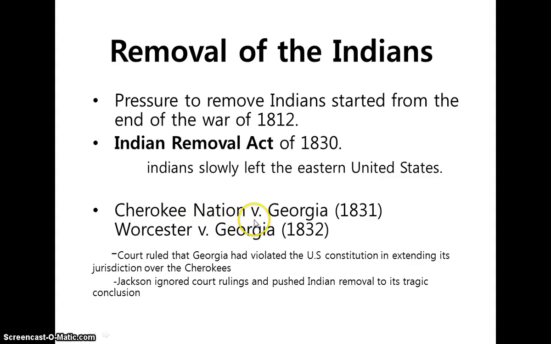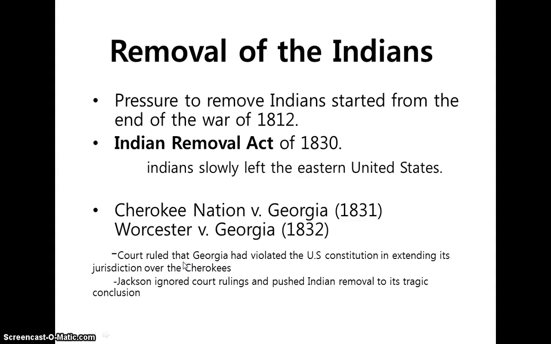And in Cherokee Nation versus Georgia, 1831, and Worcester versus Georgia, 1832, the court ruled that Georgia had violated the U.S. Constitution in extending its jurisdiction over the Cherokees. Jackson ignored court rulings and pushed Indians' removal to its tragic conclusion. So the court said that Georgia violated the U.S. Constitution against the Cherokees.